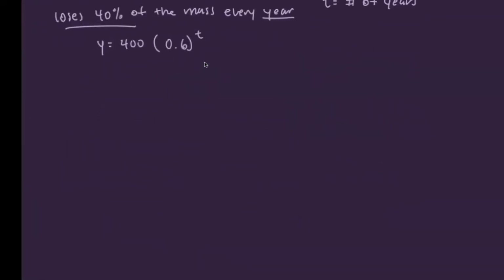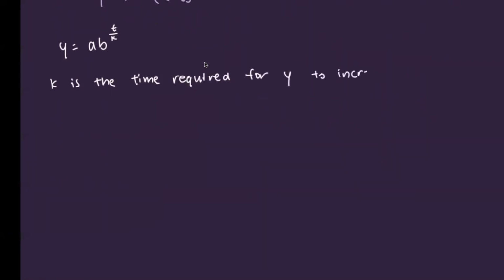Then we will need a slightly more advanced equation, which would be Y equals to A times B to the T over K, where K is the time required for Y to increase by a factor of B. T and K, they have the same unit.